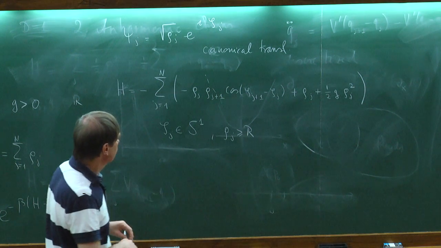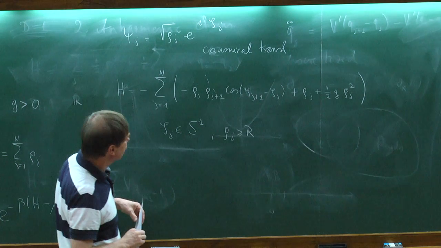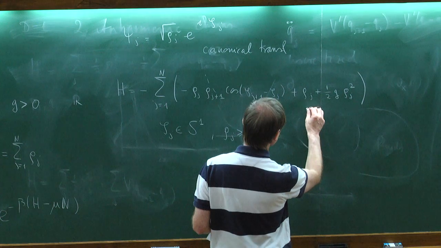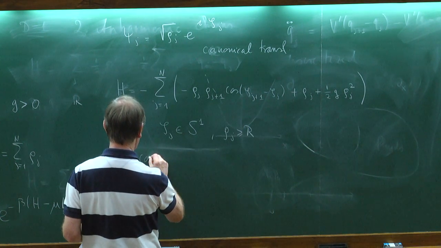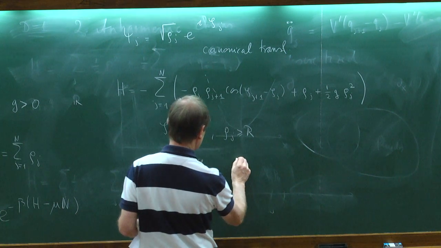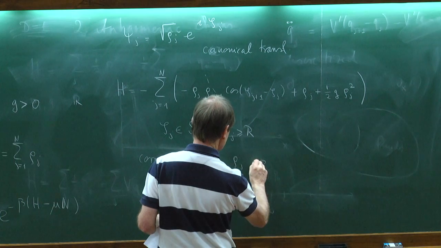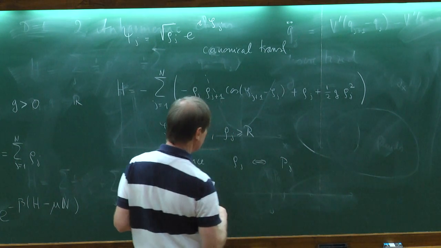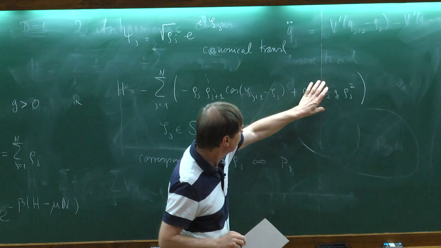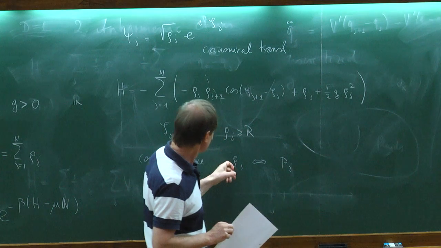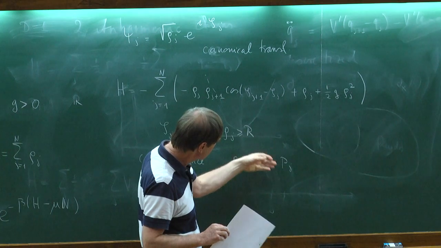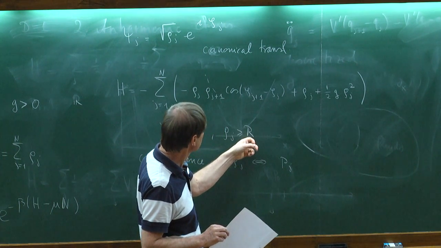Okay, so these are the constraints, and now you want to see the analogy to the anharmonic chain. The correspondence is really that the rho j plays the role of the pj. Mathematically, at least; physically, maybe that's not a very good analogy, but this is really like a kinetic energy. The point is that these momentum type variables take only positive values.